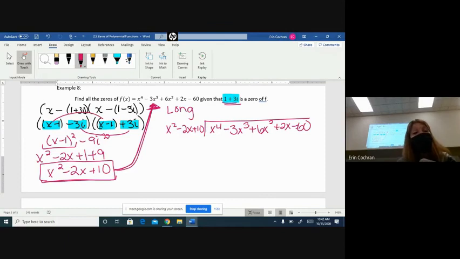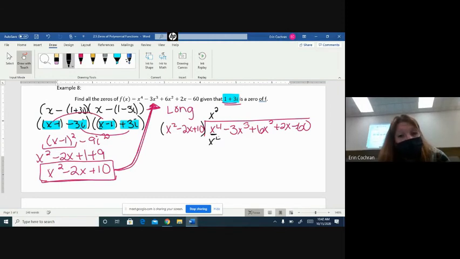All right, so x squared goes in x to the fourth how many times? X squared. And I'm going to take x squared times this trinomial, right? So I'd get x to the fourth minus 2x cubed plus 10x squared, right? And then I would subtract these.